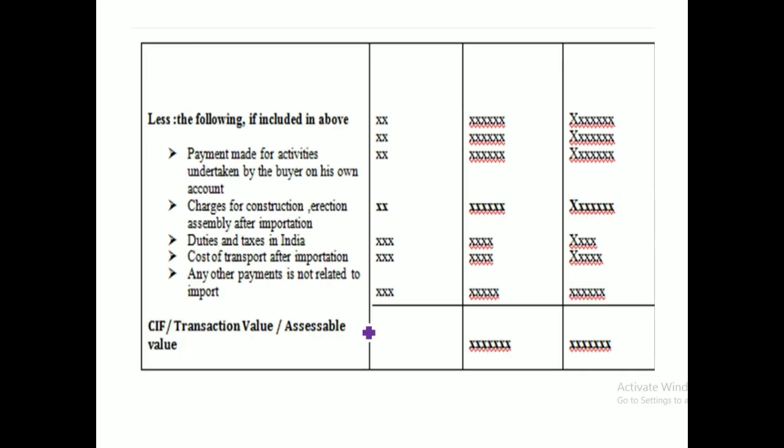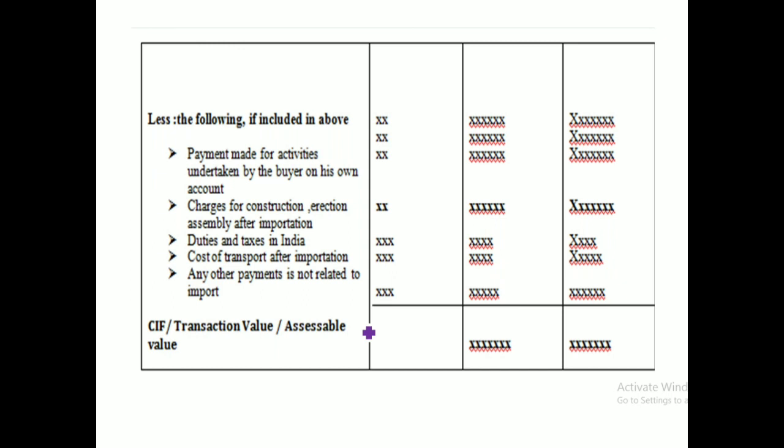After adding insurance and freight to the adjusted FOB, whatever expenses we are not supposed to include, that we just need to deduct. Most importantly, you just need to keep this in your mind. Whatever expenses we incur after getting the goods to India, we will not be allowed to add in the CIF value. Okay, blindly you just need to remember this.